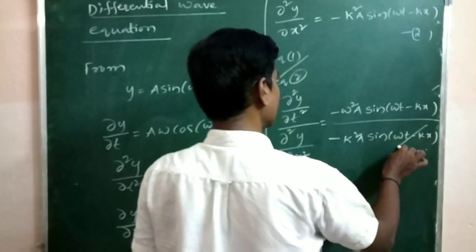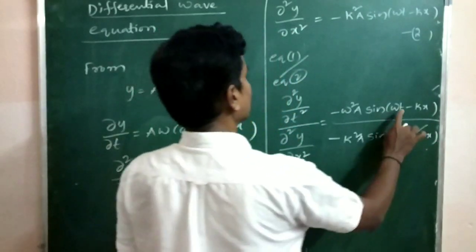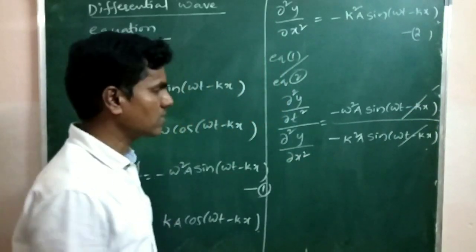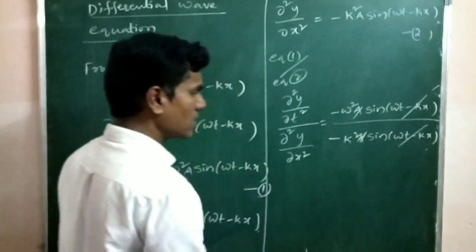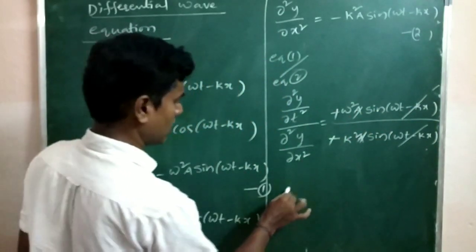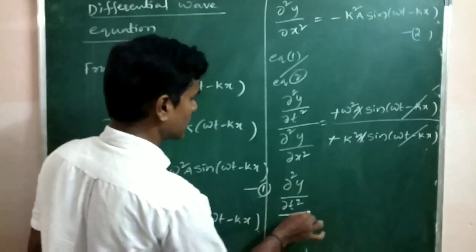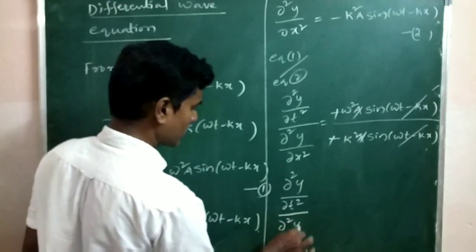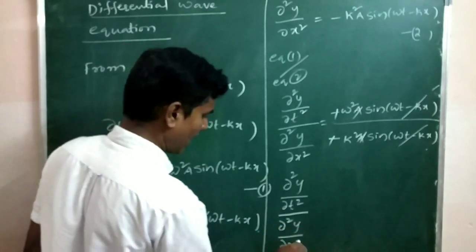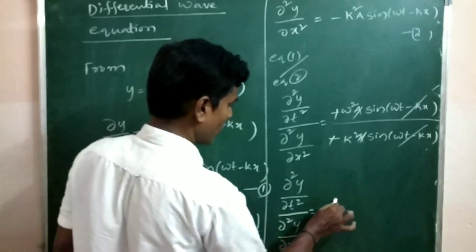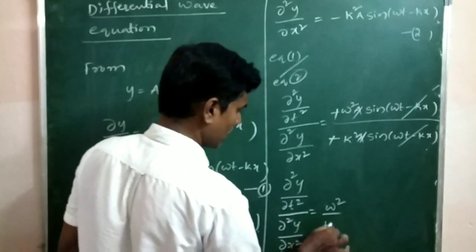Here sin omega t minus kx gets cancelled, a gets cancelled, minus gets cancelled. Del square y by del t square divided by del square y by del x square equals omega square by k square.